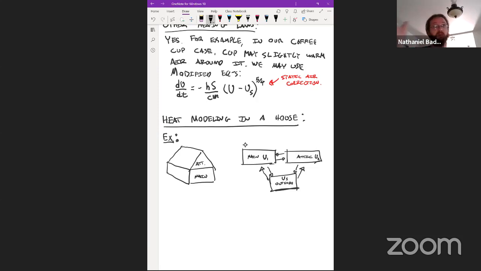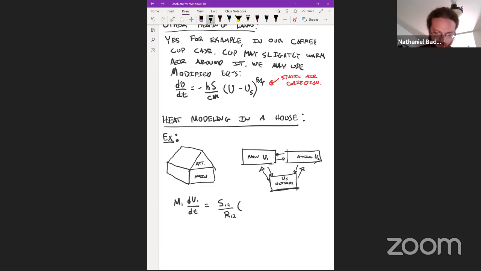Following the prescription that we had on Monday, we should have mass times the derivative of U1 equal to the surface area between the first floor and the second floor, divided by R12. I'm going to define R12 in just a second.